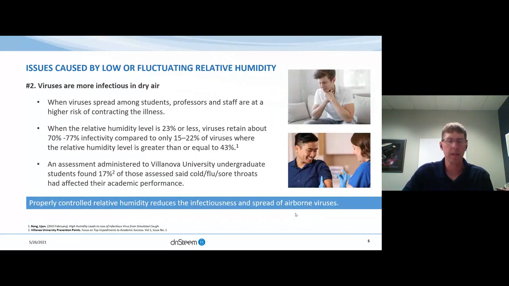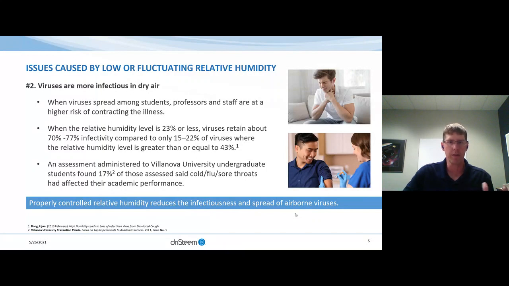In addition, as I said, I talked about that particle size concept. If it's a drier environment, the particle sizes get smaller, then our immune system, basically the different things we've talked about, the mucous membrane, can't get rid of those particles as easily. So our body isn't able to fight it as well.